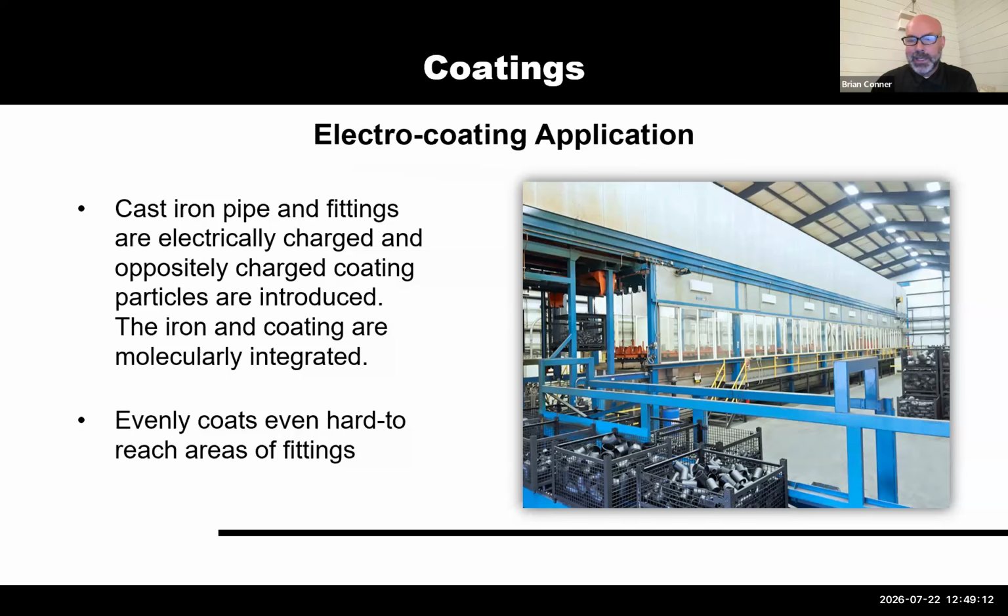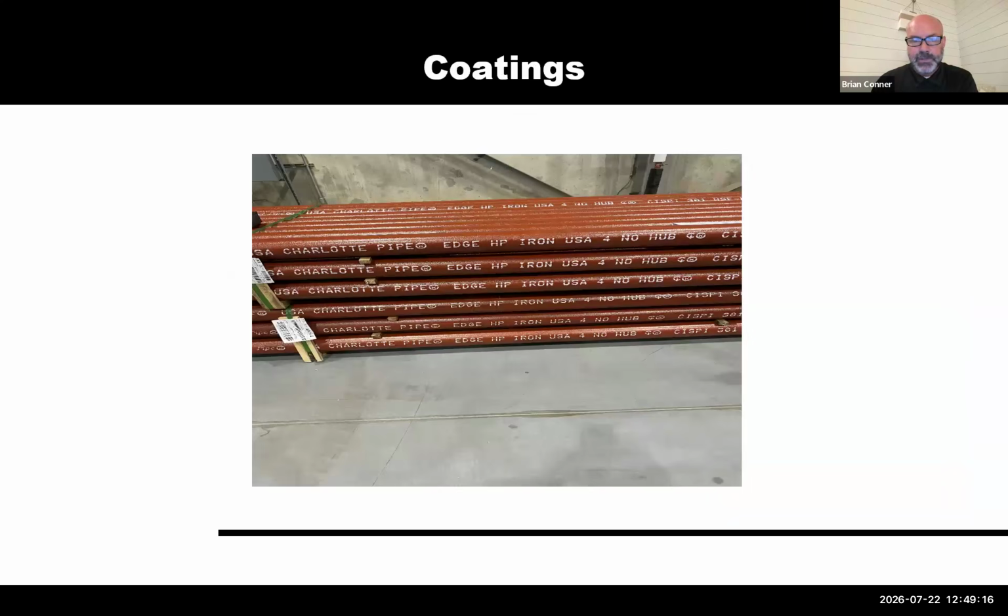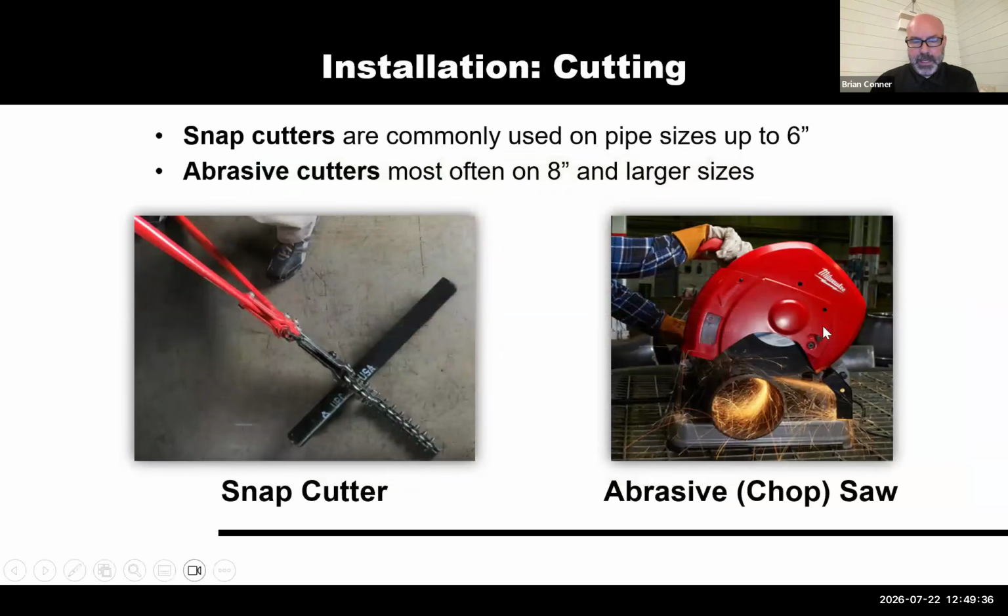It's evenly coated in even the hardest to reach areas. So great uniform coating. You've seen photos in each one of these slides from various manufacturers. And again, there are multiple manufacturers who are making these enhanced coatings. From Charlotte, ours is called Edge HP, and HP is for high performance.